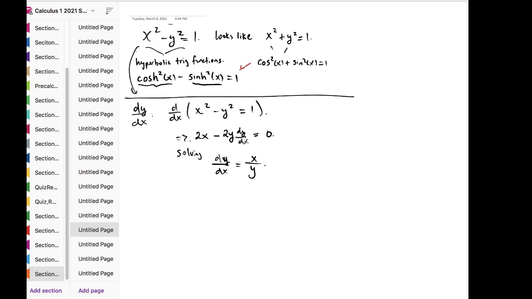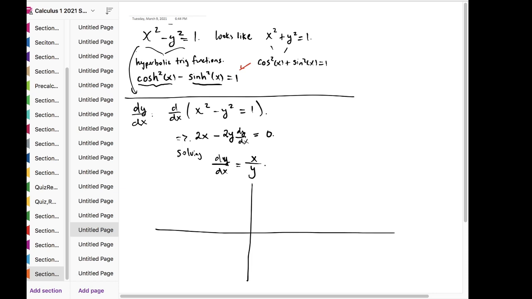Okay, so let's think about this. This is what the hyperbola looks like.